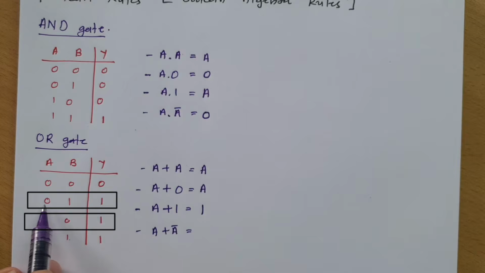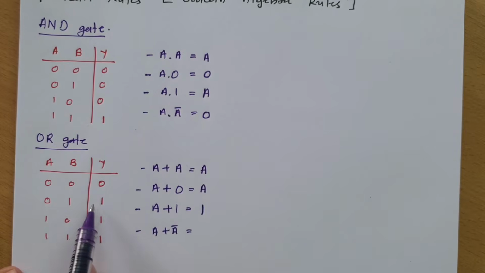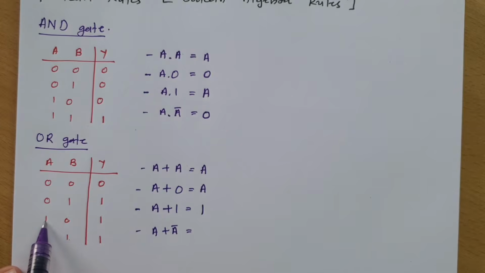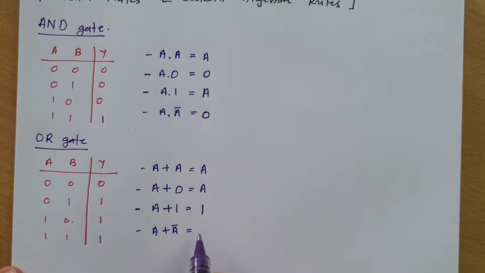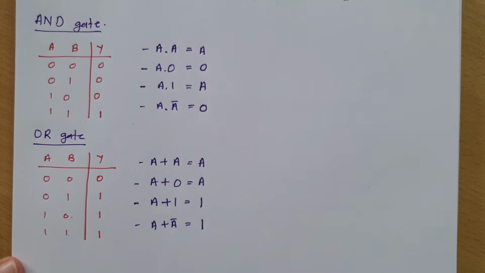If A is 0, A bar is 1, so 0 plus 1 is 1. If A is 1, then A bar is 0, so 1 plus 0 is 1. So A plus A bar is 1, in both situations. These are the rules for OR gate Boolean operation.